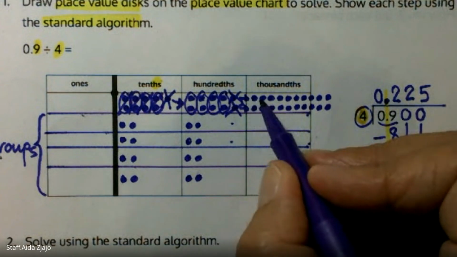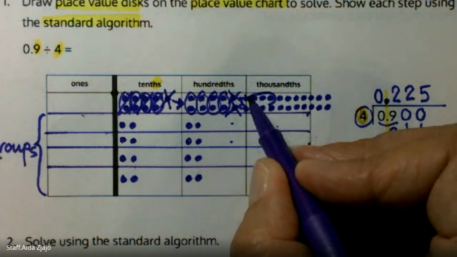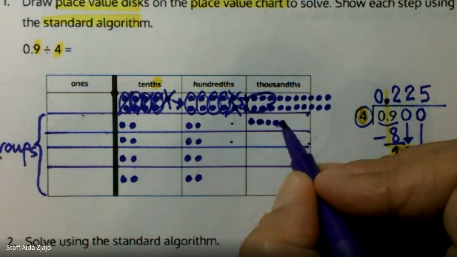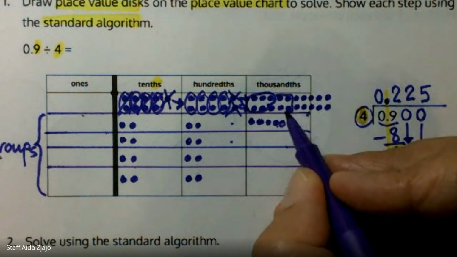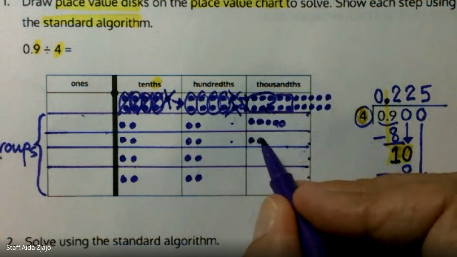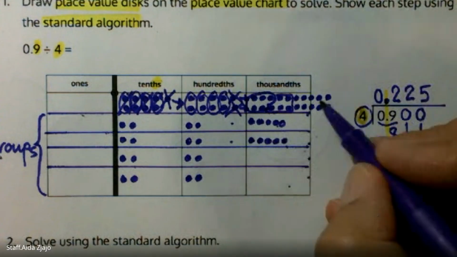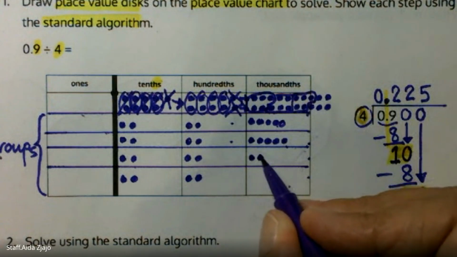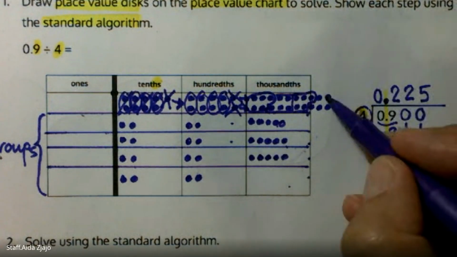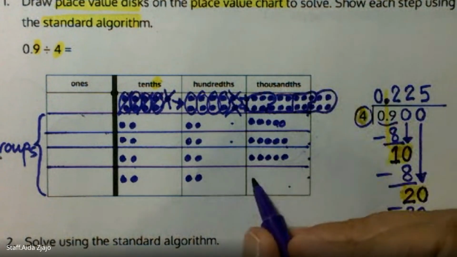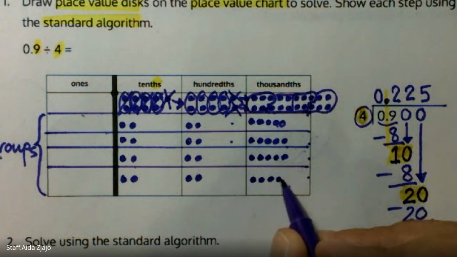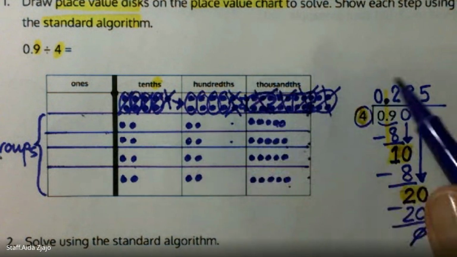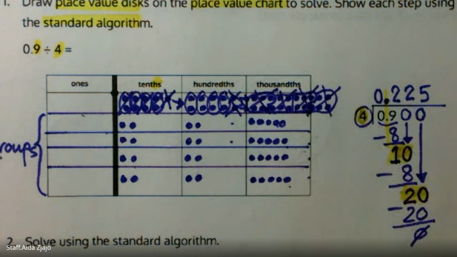So 1, 2, 3, 4, 5, and this is going to go here. 1, 2, 3, 4, 5, and these 5 I'm going to put here. 1, 2, 3, 4, 5, and these 5s I'm going to put here. 1, 2, 3, 4, 5, and then these 5 are going to go here. 1, 2, 3, 4, 5. And I have no more leftovers, so I am done.